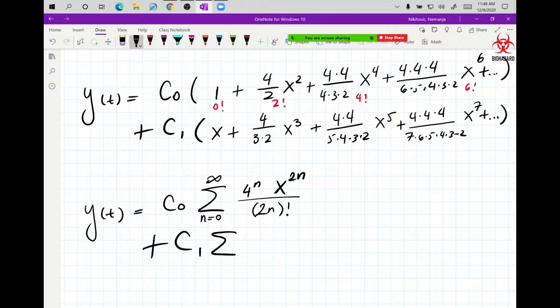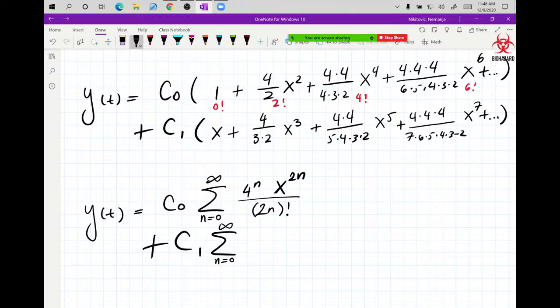Bottom one looks the same, except it's all odds. And this should already be ringing the bell to you because we talked about certain stuff. I was about to say last semester, not last semester, last class.